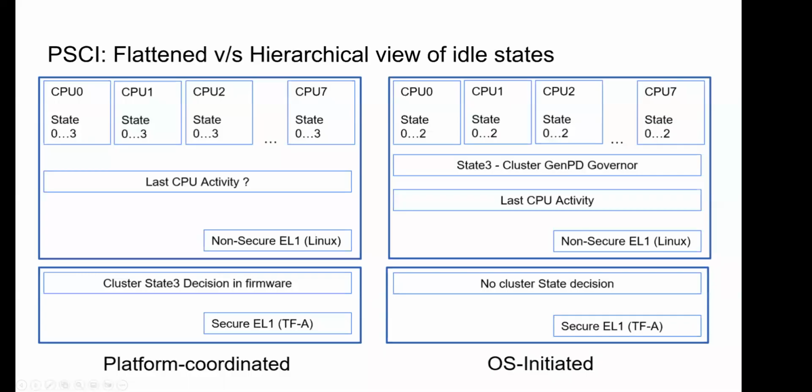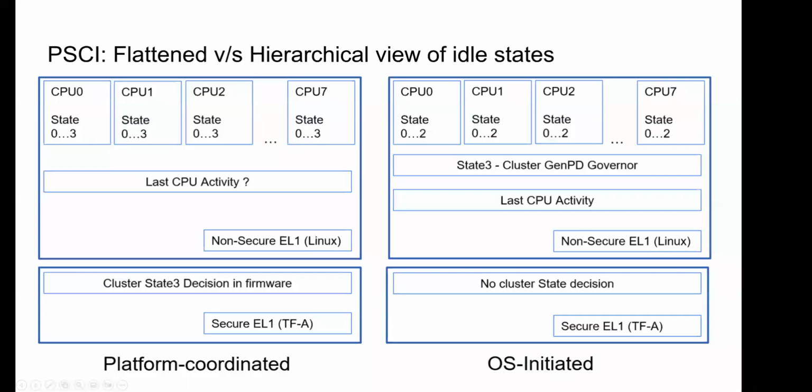Yes, thanks. So this is another view of flattened and hierarchical idle states. You can see in the platform coordinated scheme, CPU 0 to 7, all of them have state 0 to 3 to select, and the cluster state 3 decision is taken in firmware in case all of the CPUs are okay with state 3. So in this scheme, last CPU activity is a little difficult to achieve, and we have custom driver logic today implemented in upstream kernel to do that.